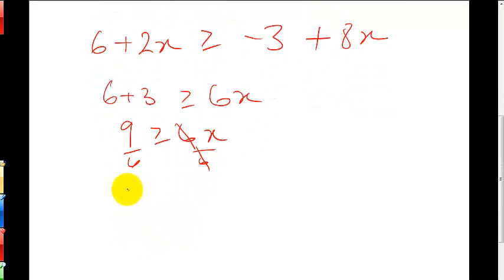And then x equals 3. No, it's not equal. It's x is smaller than or equal to, so you change sides already then. Could you leave x on that side? Try not to.